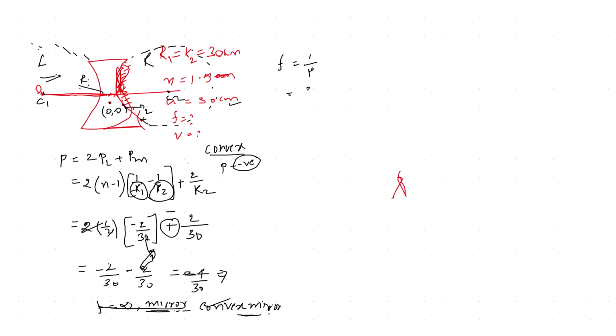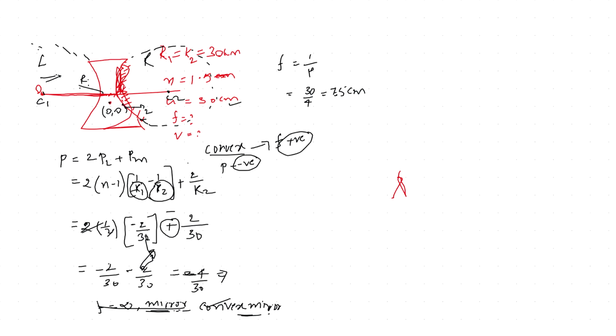So that is equal to 7.5 centimeter. So this is the focal length. And as I said, convex mirror has focal length positive. So in the solution, you have to take focal length as positive.